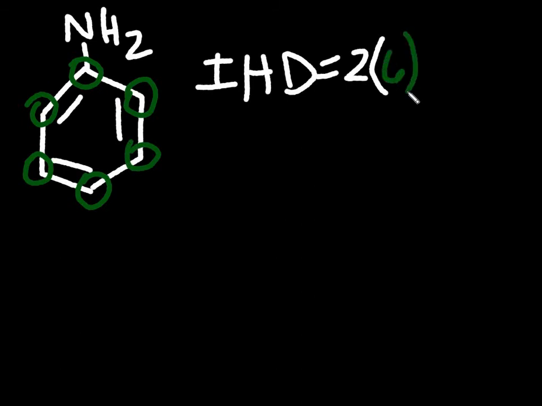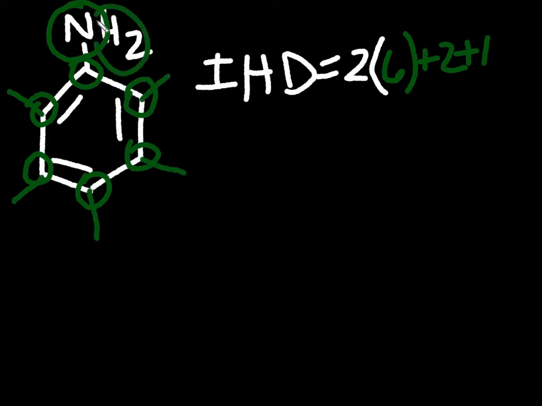So 6, plus 2, and how many halides do we have? It's nitrogen there. So we have plus 1. Then how many hydrogens are there? It's 1, 2, 3, 4, 5, and then you have an H2 here. So that's 7. You have minus 7.